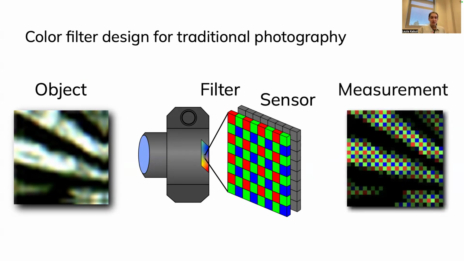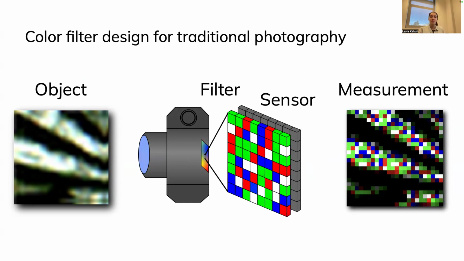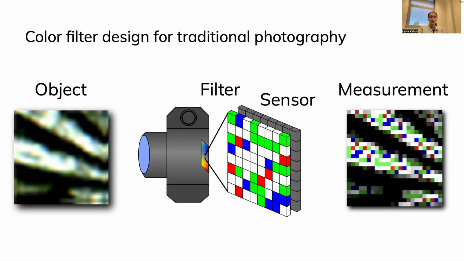Each of these produces a measurement that's modulated by the color filter array, so you only capture the color that's at that filter. And then we take these measurements and process them to get a full color image across every pixel. But there are many alternative designs that are possible, not just this Bayer filter. We could have some kind of random design, or we could have a learned design that primarily uses just white pixels.